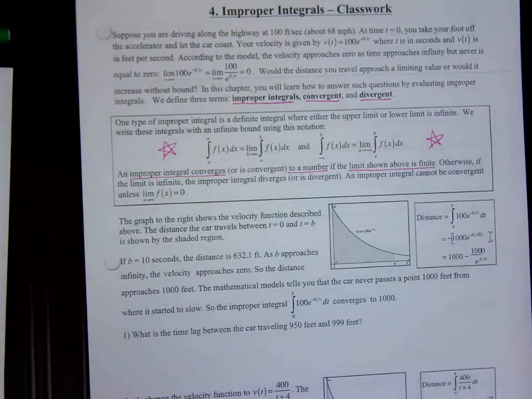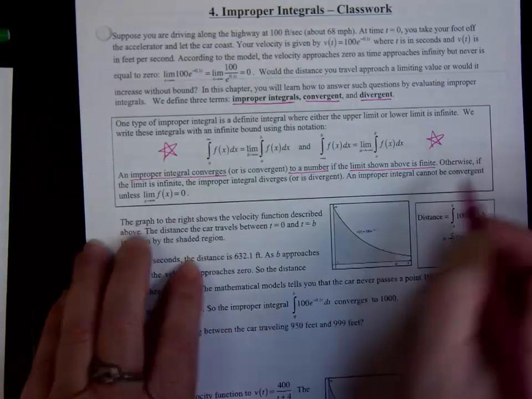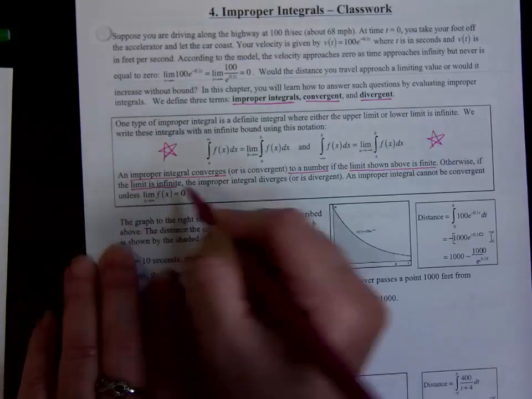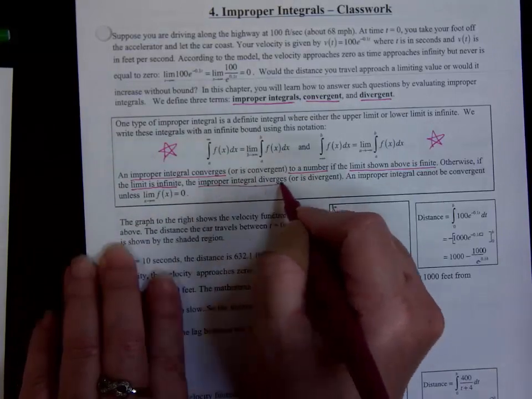So in other words, after you do all the math, if you get a number answer, pi, 2, 3, whatever, if you get a number answer, your limit is convergent. Your area is convergent. Otherwise, if the limit is infinite, the integral diverges.